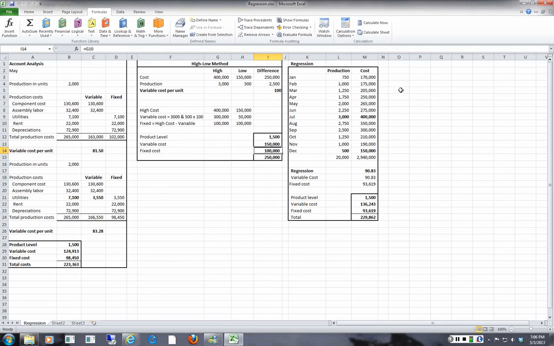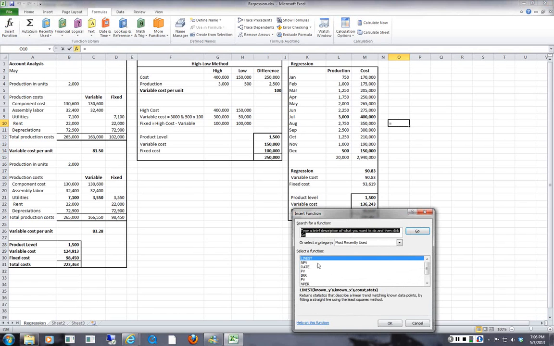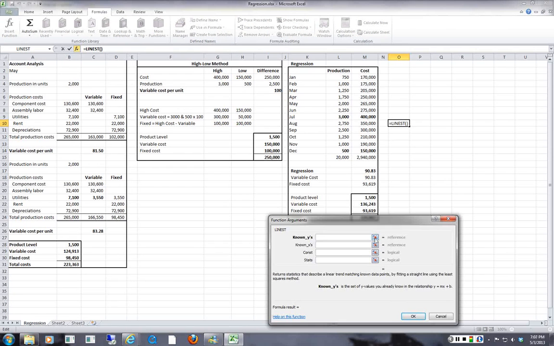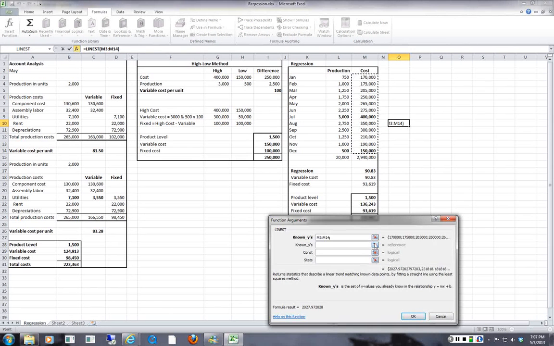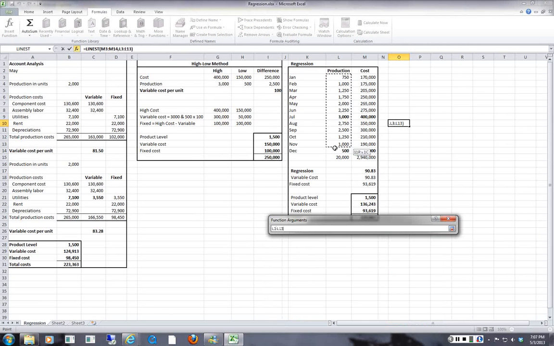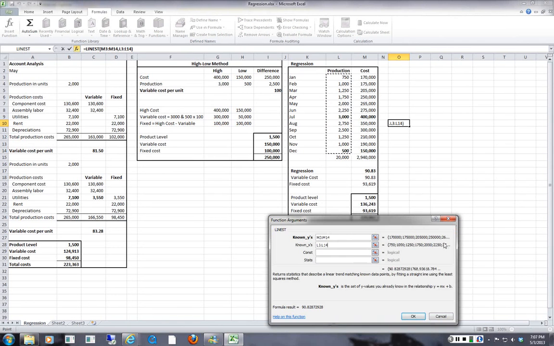Now, the way to really do it is to take these production numbers and these costs and come up with a regression analysis. It's in the Excel spreadsheet, the LINEST function. We take the known y's and plug them in here, and then we take the known x's in the x column, and we come up with a variable cost of $90.83.